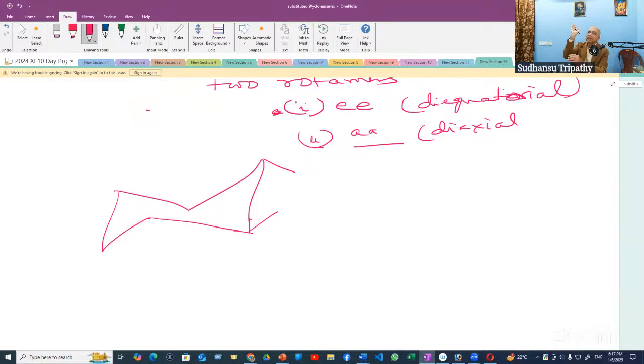So they are apart from each other. Distance wise, compared to the cis, the two substituents, say methyl, R or R, whatever. So this is EE.